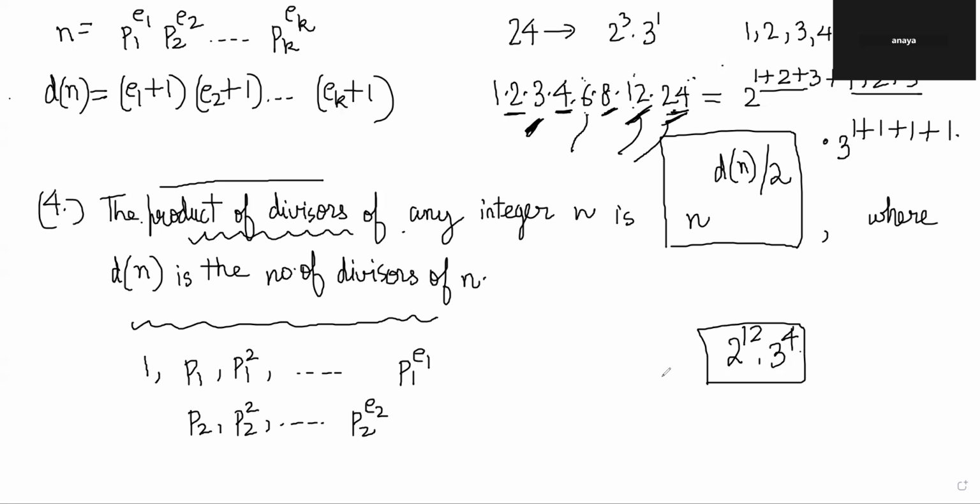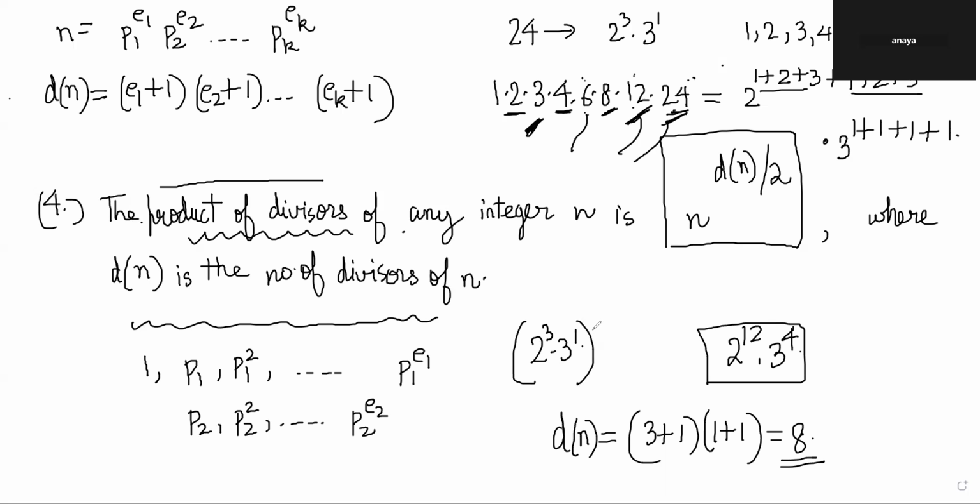And actually, d of n in this case was (3 plus 1) into (1 plus 1), which was 4 into 2, 8. And n was 2 power 3 into 3 power 1, and this raised to the power 4 is giving us this, right? Yes. And 4 is d of n by 2.